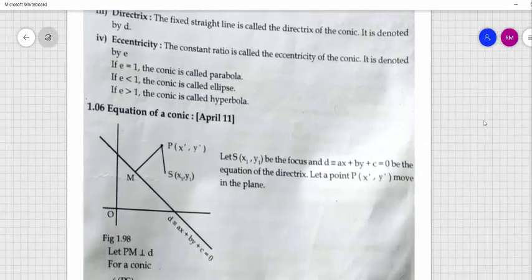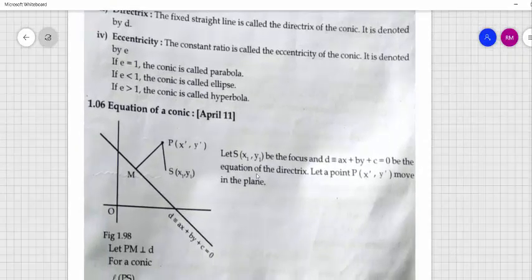Now, the equation of the conic. Let S, having coordinates x1, y1, be the focus and D the directrix, that is a straight line denoted by ax plus by plus c equal to 0, or in 12th standard you also learned another form, y equals mx plus c.